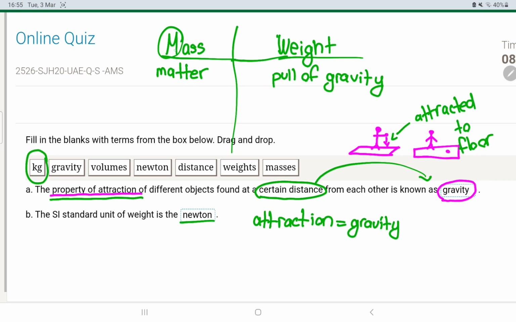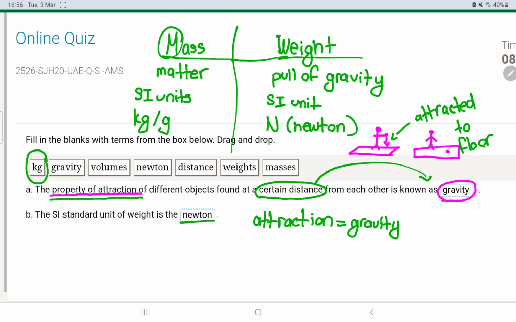Okay? What's the SI unit of mass? I'm just going to say SI units. There's kilograms, grams, right? Weight has one SI unit, which is what? The Newton. Capital N, because it's named after a scientist, Sir Isaac Newton.